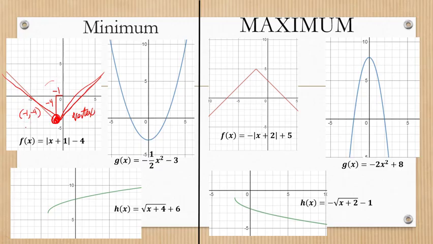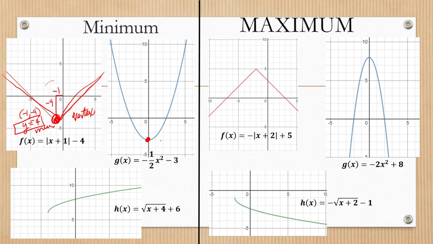But for the min, you use the y coordinate of the vertex, which is -4. This is your min. Sometimes they ask, what's the min? You just say -4.